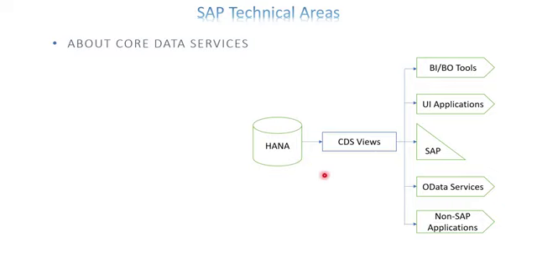A view is a runtime object. Once you run it, it will take the data and store it temporarily. So that is the main advantage of a CDS view. Create it one time, and it can be consumed in many places, and it's faster because I'm going to create the CDS view in the HANA database.